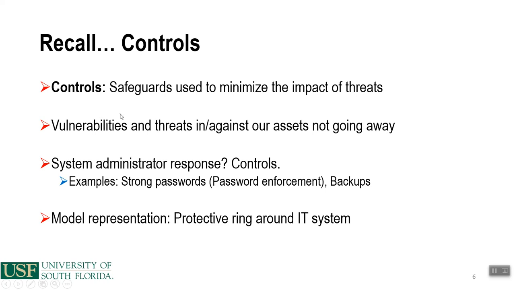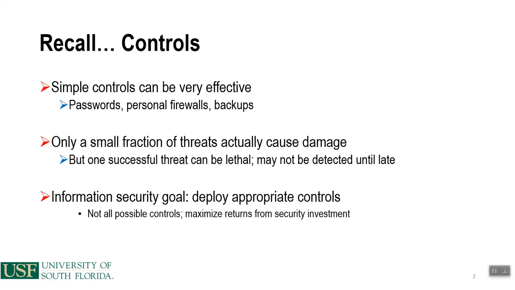So controls, again, are safeguards used to minimize the threat of impacts. Vulnerabilities and threats in and against our assets are not going away, and systems administrators will typically use controls to help protect against cyber attacks, and they are the protective ring around an IT system. Some controls are very simple and they can be very effective, such as passwords, firewalls, backups, and so on.